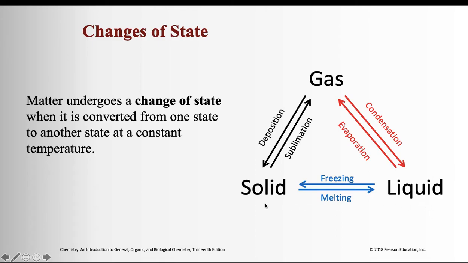But to do that requires energy, and that's why there is no change in temperature when we change phase, because we're breaking those bonds between solid molecules to turn them into liquid, or whatever the state might be that you're changing. You could be going liquid to a gas or gas to a solid, etc.